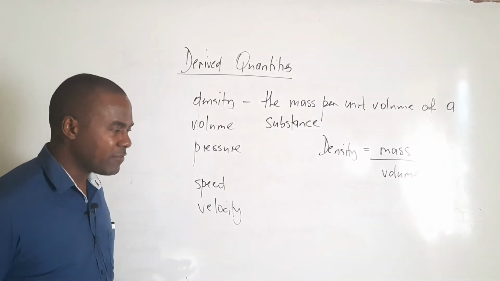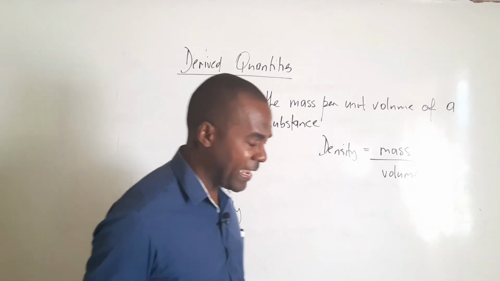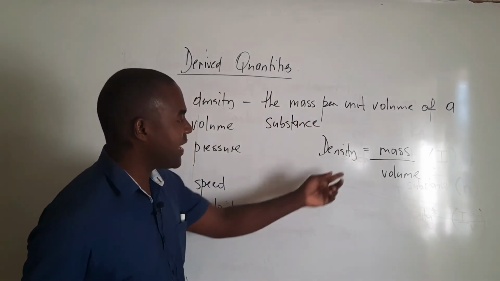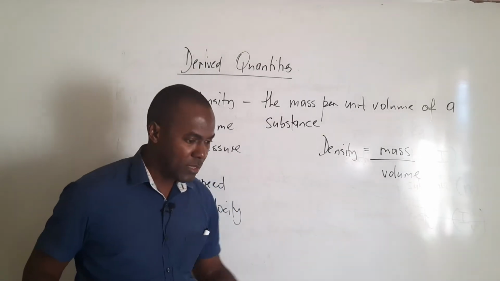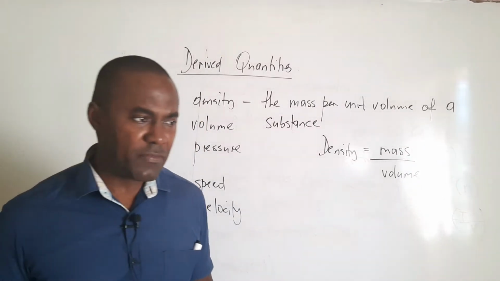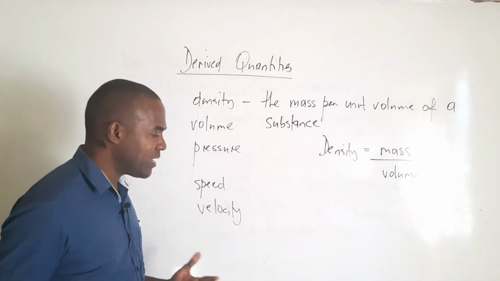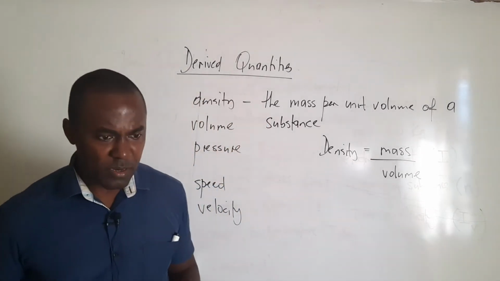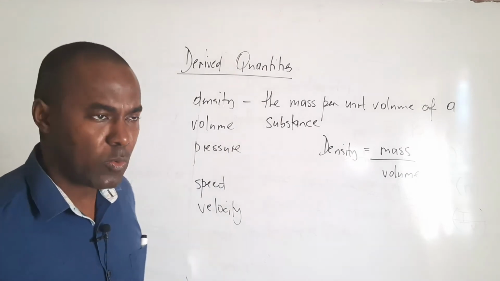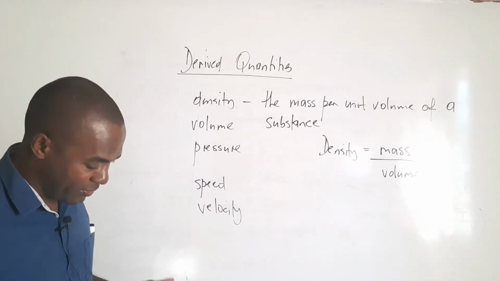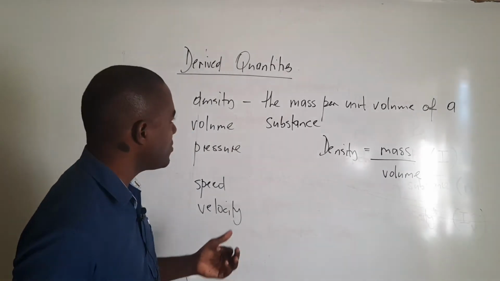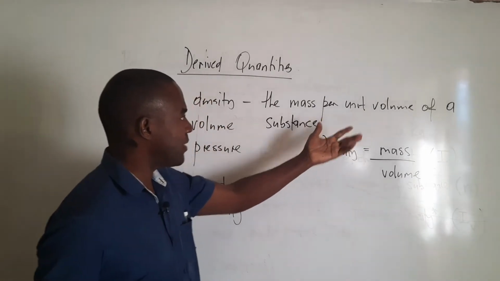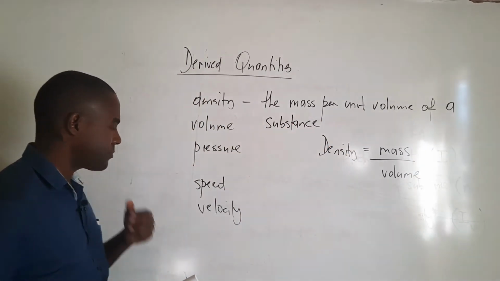Now, at the CSEC level, for instance, if you were asked to define density and you simply wrote down density equals mass over volume, the teacher may have been lenient and may have given you the marks, but in reality, at this level, a defining equation is simply not acceptable for the definition of a physical quantity. When asked to define a physical quantity, you're expected to write a worded statement, right?